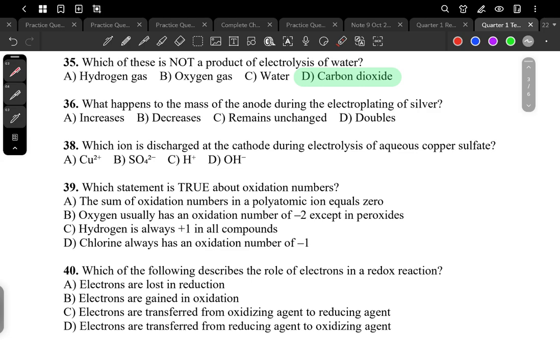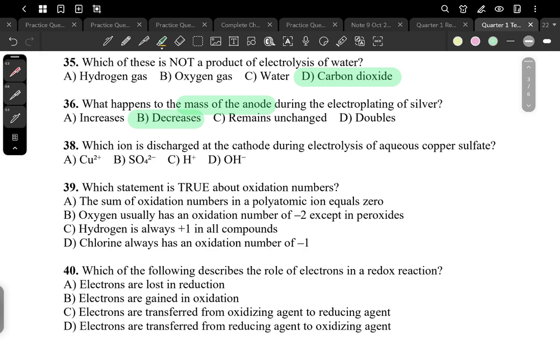What happens to the mass of the anode during electroplating silver? When electroplating silver, the mass of the anode will always decrease, right? Because the atoms of the anode are, sorry, oxidized when they go into the solution, turning from atoms to ions by losing electrons.